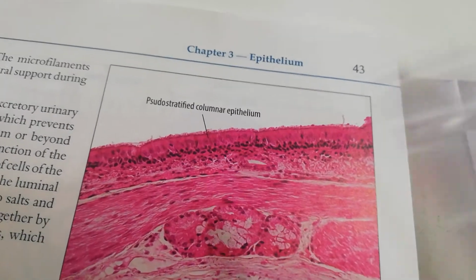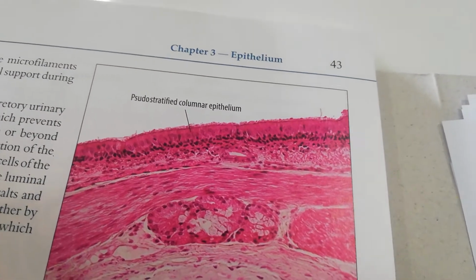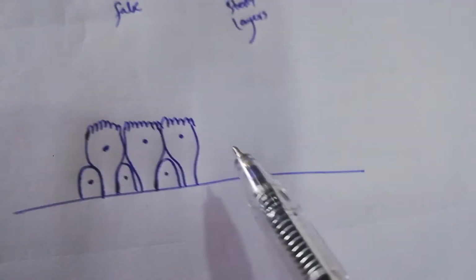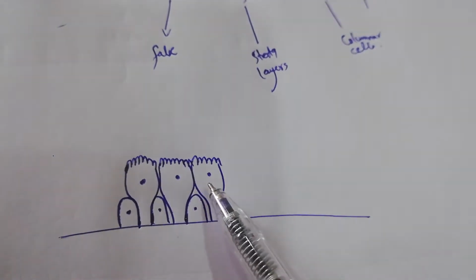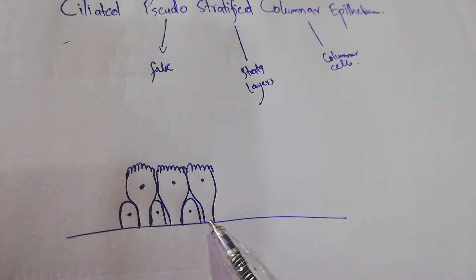So two layers of the nuclei will give us an appearance like we are looking at a stratified epithelium, but actually it is not. It is just one single epithelium. The tall cells will reach the apical portion and the basement portion. However, the small cells will only reach the basal portion, the basement membrane.